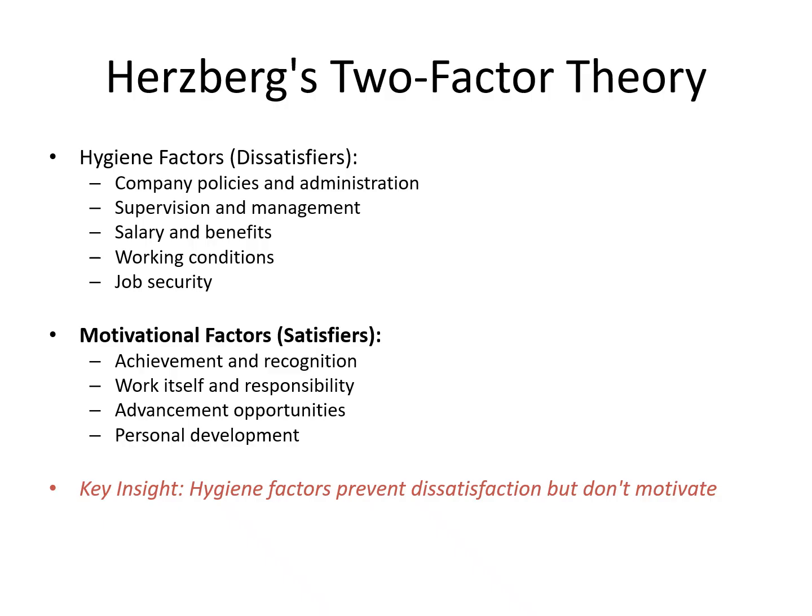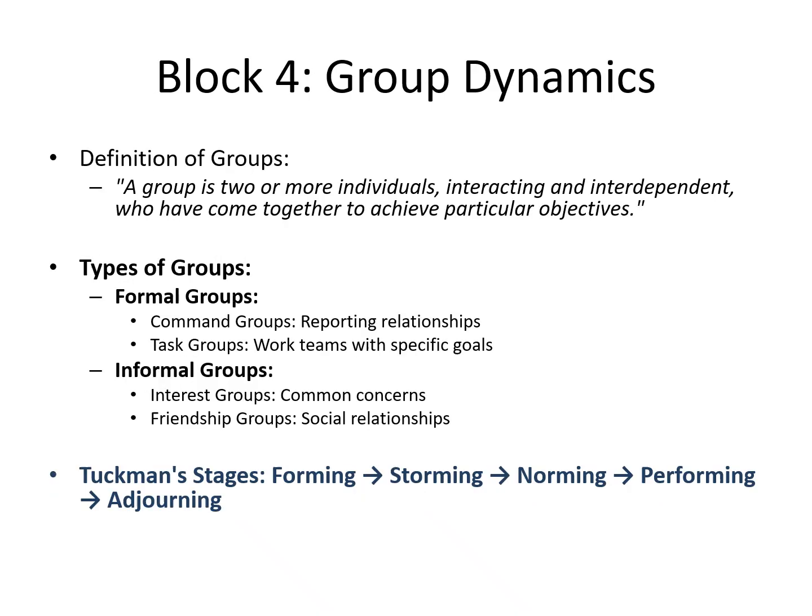Like if your boss is moving or has just resigned from his position, then according to this theory, someone from his hierarchy should be given that position. Then personal development, of course, the last level of motivation. Then we have block 4, group dynamics.